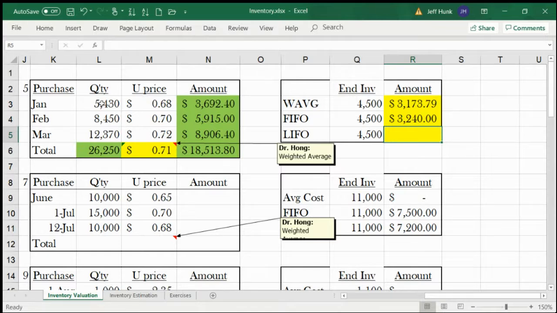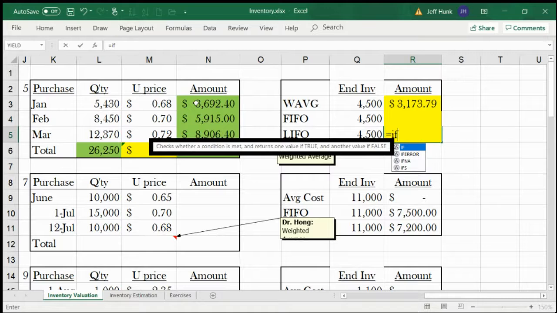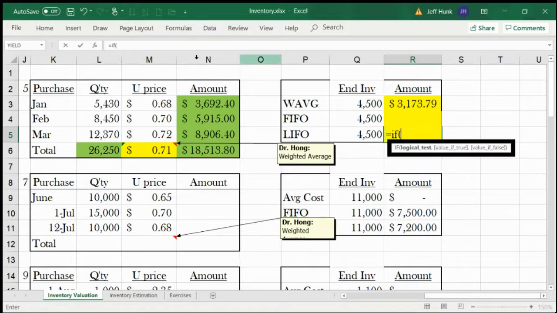So that's why we are then doing, once again, an if command. If ending inventory is less than the quantity of January purchase, then it's simple. You simply multiply by January price.